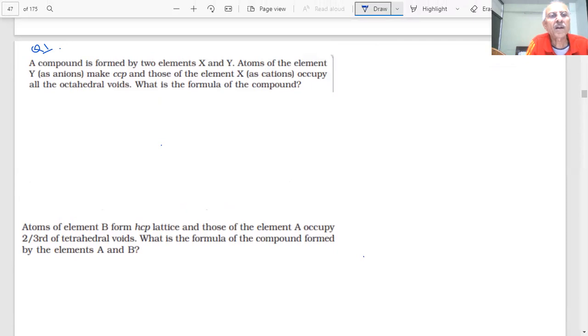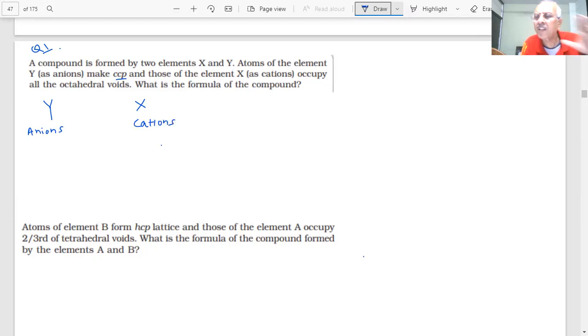Y are anions and make CCP. They are larger in size. And those of element X are cations.